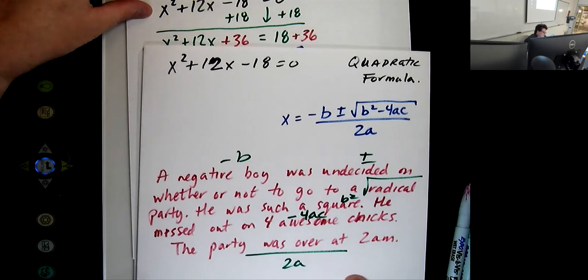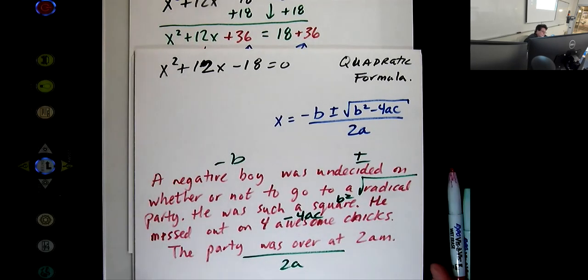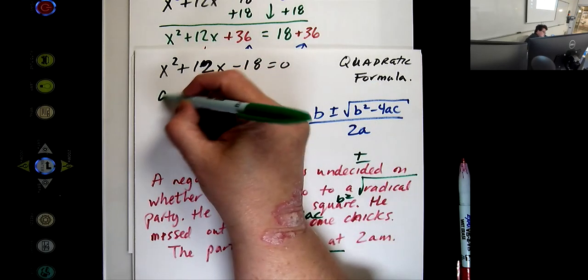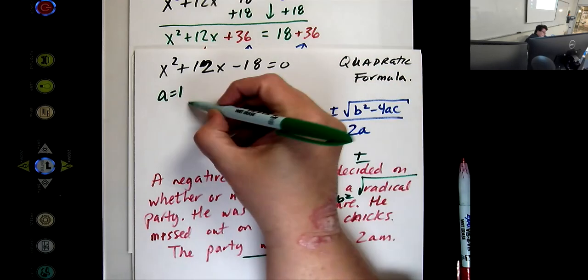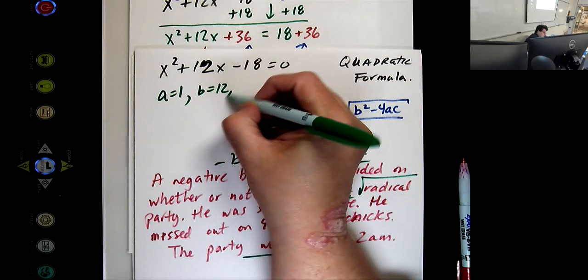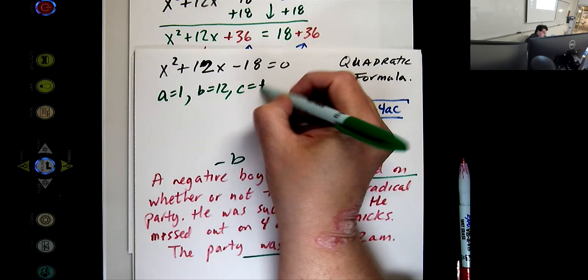All right, we already know what the answer to this is. So this is literally just a plug and chug and make sure we get it right. A is 1 because I don't see a number there. B is 12 and C is negative 18.